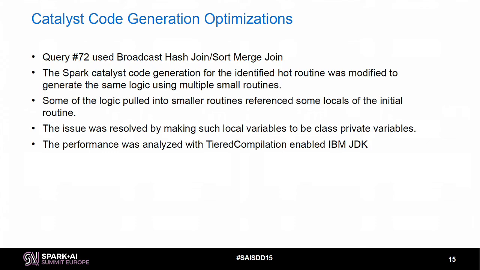One problem we came across was that some of the locals used in the initial routine were referenced in these smaller routines, so they had to be made class private. We did those modifications and tried to analyze the performance using a tiered compilation enabled JDK.